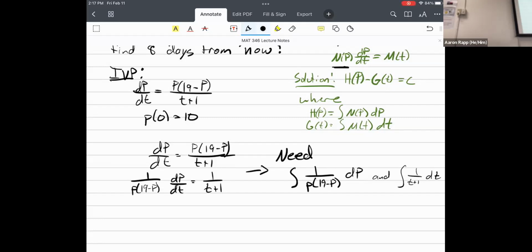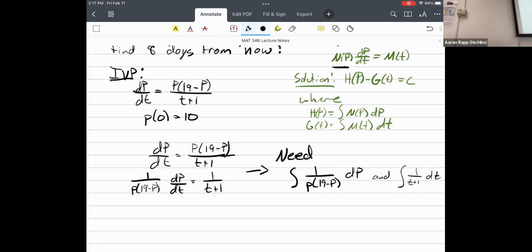Once I have those two, then I know what my general solution is going to be like. Once I have the general solution, I apply the initial value problem to figure out what the C is. So we have to do both of these integrations.